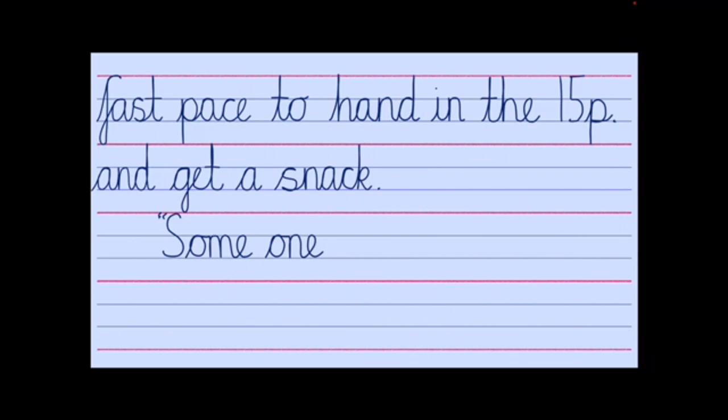That might be a link to help you remember. Someone might, and it is one of those words with an IGH spelling in the middle for the sound I. Need this.